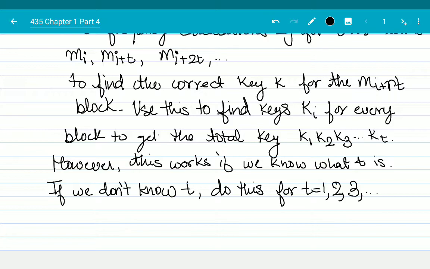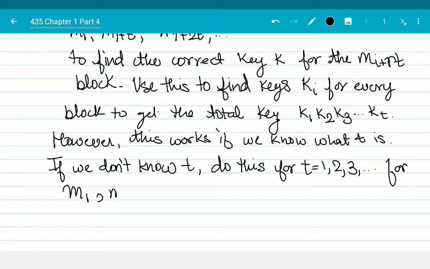You don't even need to necessarily do it for everything, just for m1, m1 plus t, m1 plus 2t, and so on.